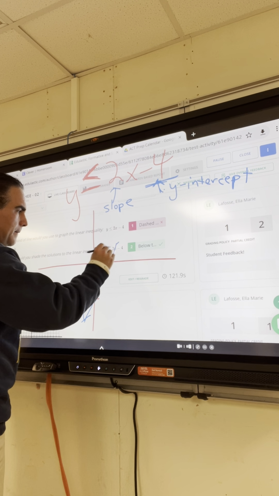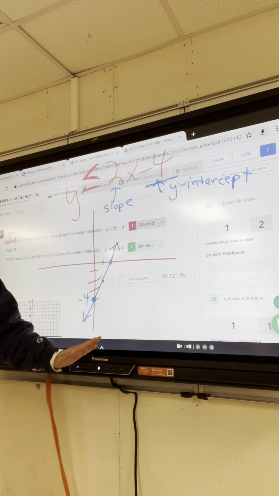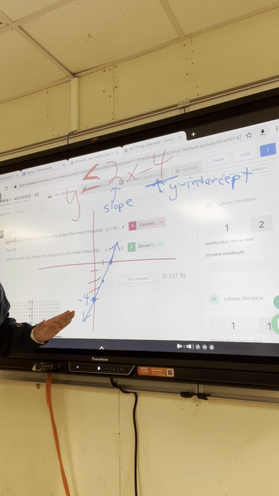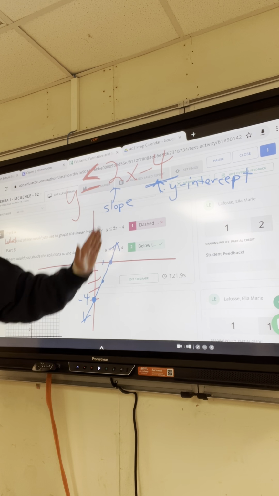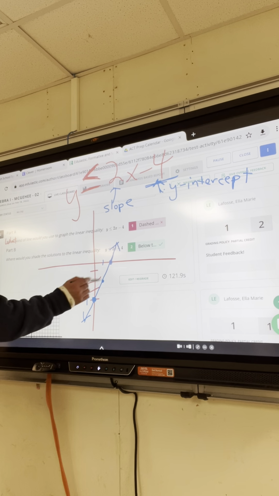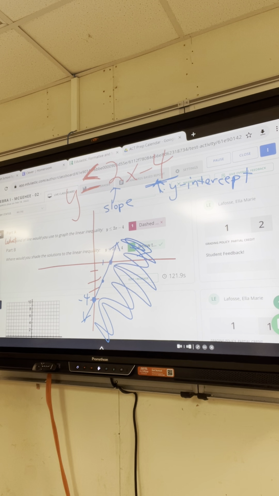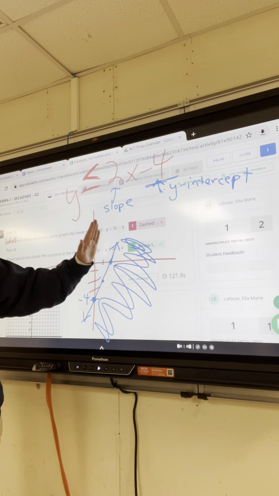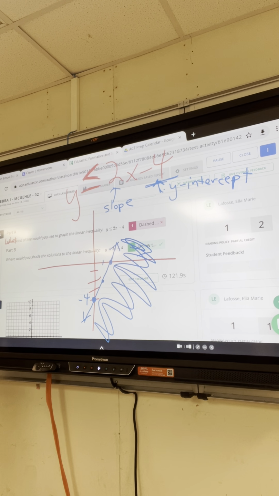Here's our line. Now, it says y is less than or equal to. So is that dashed or does it include the line? Yeah, it's less than or equal to. So this is a solid line, and y is less than, so we shade under it.